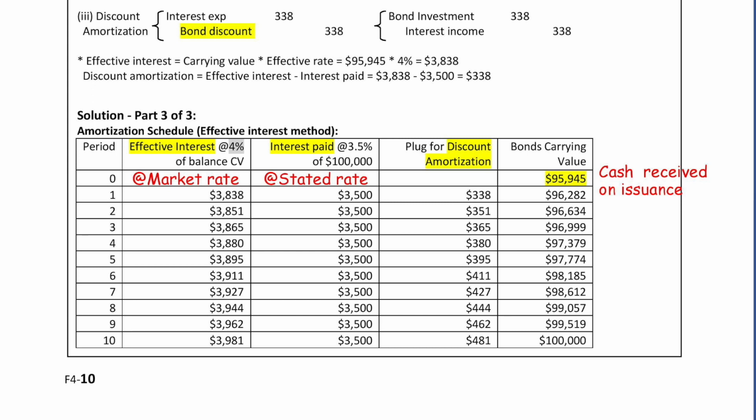So another column for discount amortization. For all the 10 periods, put a bracket and write total equals 4,055. And the bottom right number on this amortization schedule, the last number, the bond's carrying value, highlight $100,000 and write face value to be paid on maturity.